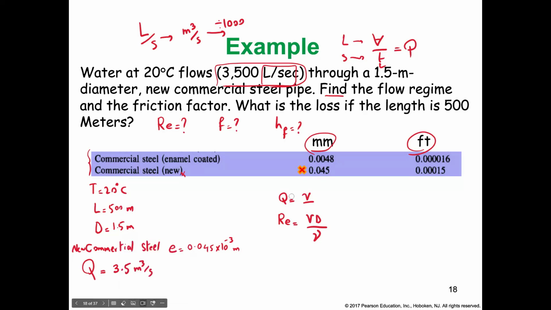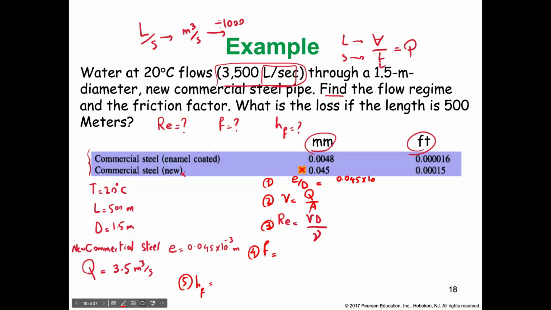Or maybe I should write it like that. Yeah, better. And before that, you can find E over D because you need it. Find F and find HF.